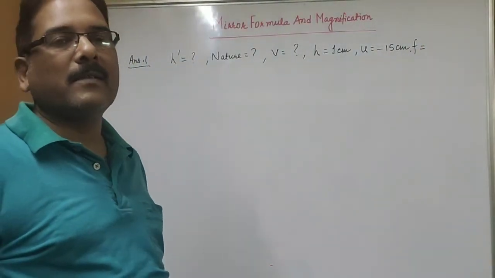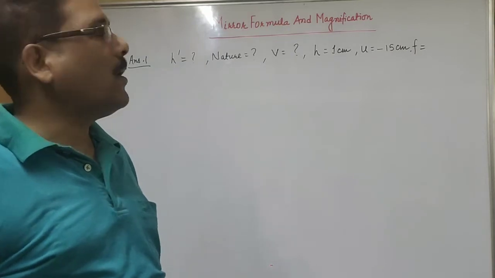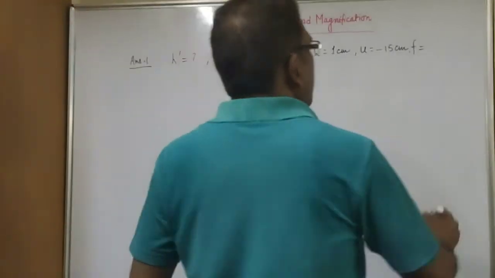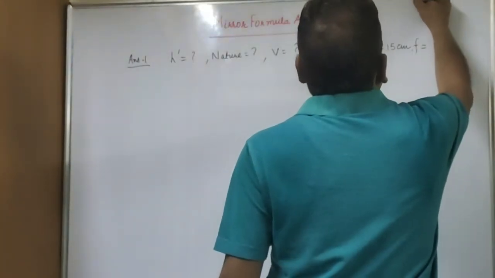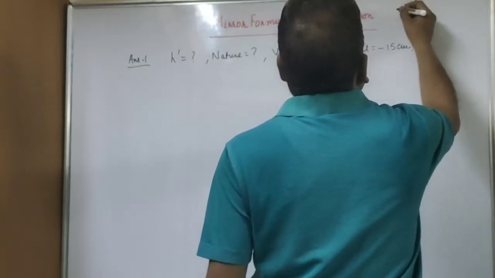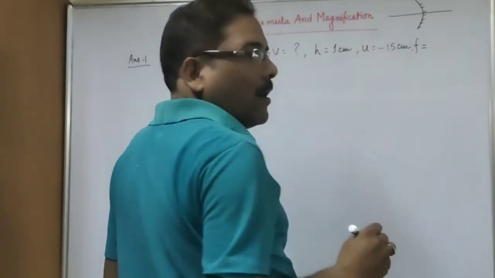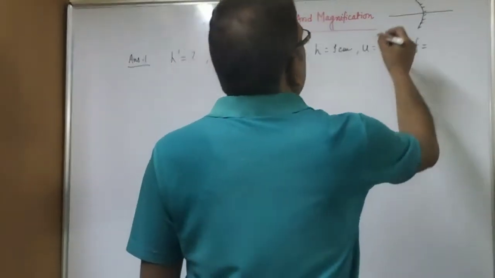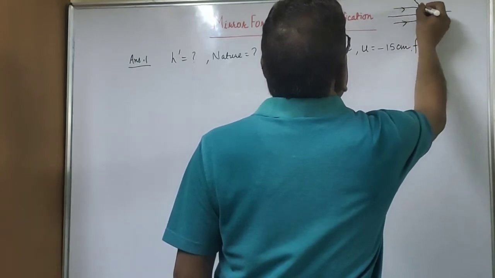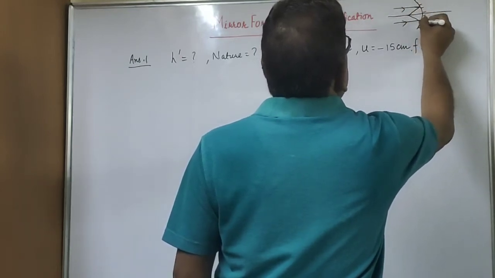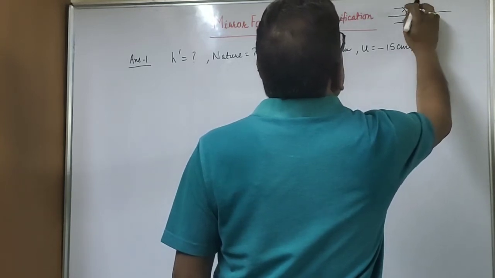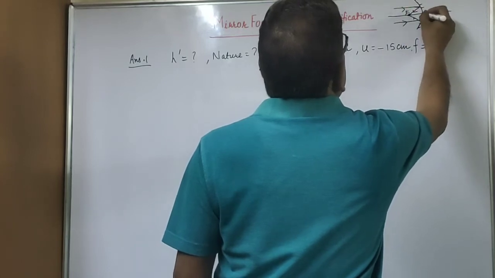Now tell me whether it will be plus 10 centimeter or minus 10 centimeter. In a concave mirror, just recall your concept, in sign convention also we have discussed. Suppose we have a concave mirror, and this is the principal axis, and if parallel rays of light fall on it, after reflection they meet at a point, and this point is the principal focus, and we have P here, the pole.